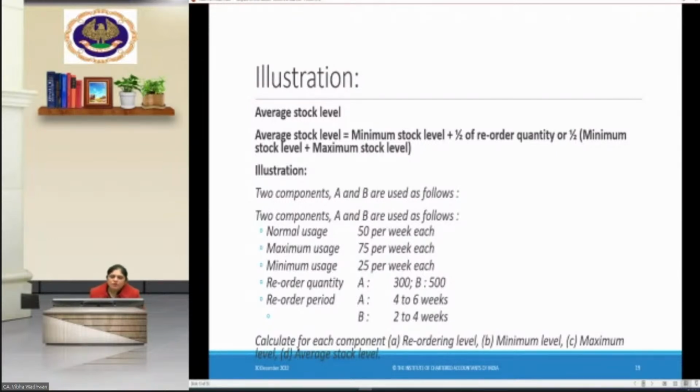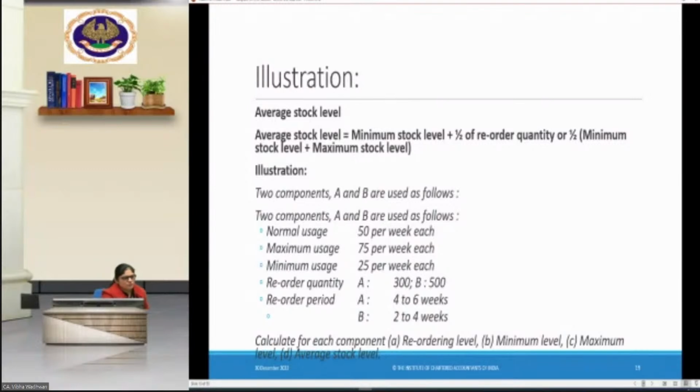First calculate reorder level. Let me see who has calculated reorder level for A and B both. Dhyanesh, EOQ is economic order quantity. We'll be doing it in a while. Please tell me the reorder level for A and B. Okay, Utkarsh has calculated, it's 450.